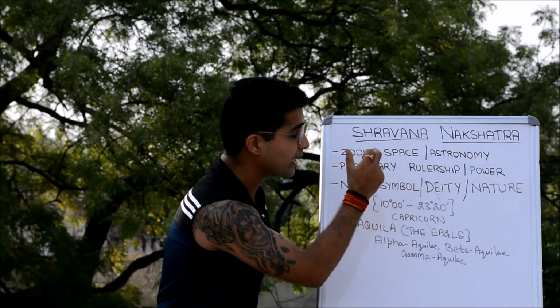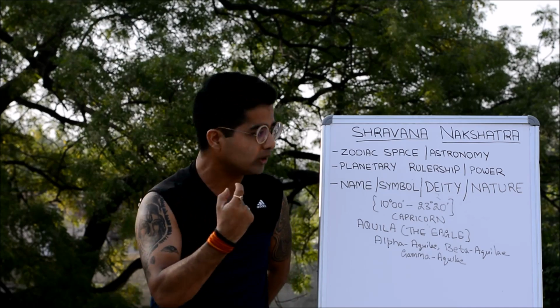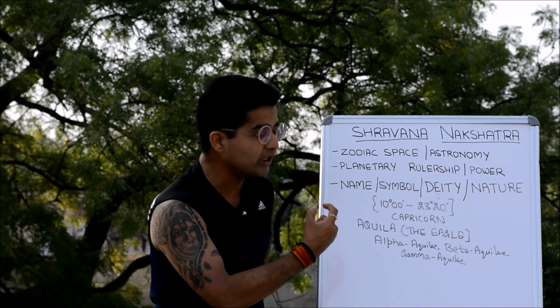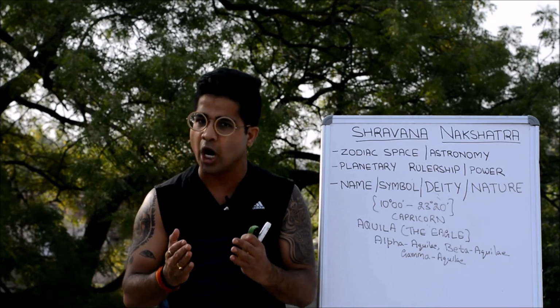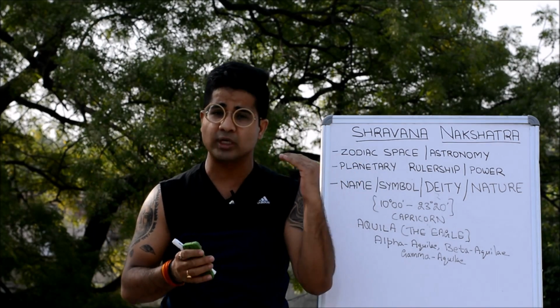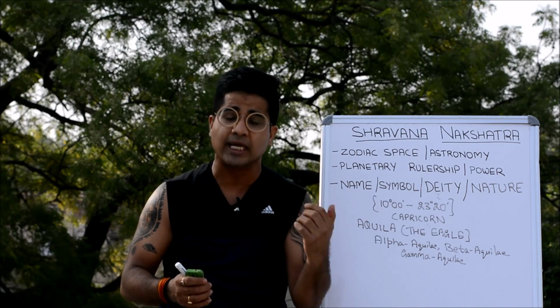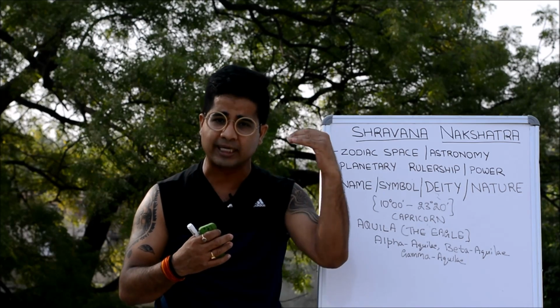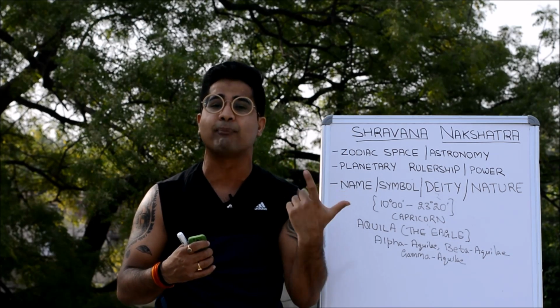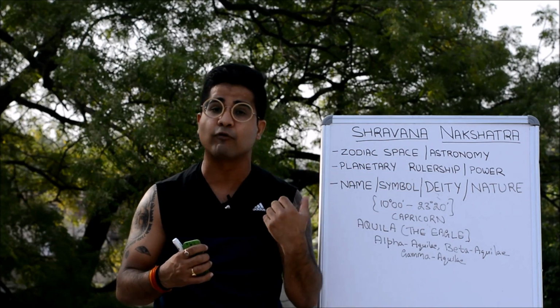When it comes to its planetary rulership, it goes to the planet Moon. So you can find the summit or the peak of the Moon's energy in this Shravana Nakshatra. And as you know about the Moon, when Moon is working in its positive aspect, it's all about creativity, it's all about nurturing, and even in its peak, the nourishment of the person will take him to the level that he will have a universal compassion. His compassion will not be restricted to his family, but for everyone, for the whole world.